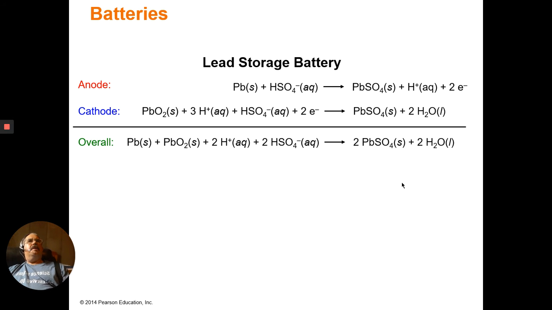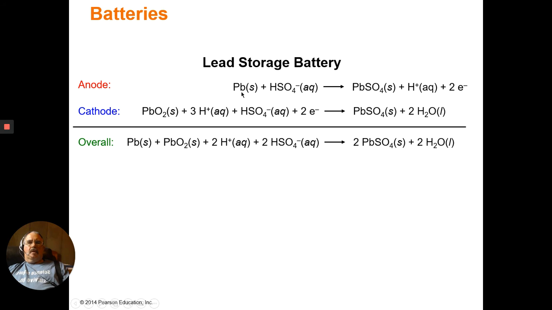Okay, so an application of galvanic cells is the use in batteries. Right here we have the half reactions that are involved in the lead acid storage battery, which is what is commonly used in automobiles. The anode is lead. The cathode is lead 4 oxide or lead dioxide.